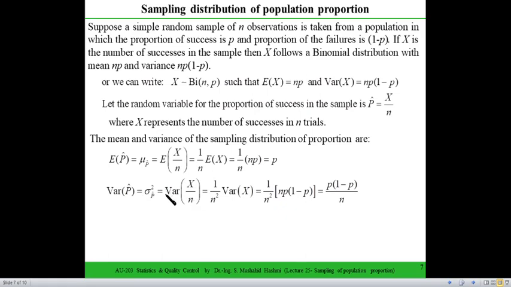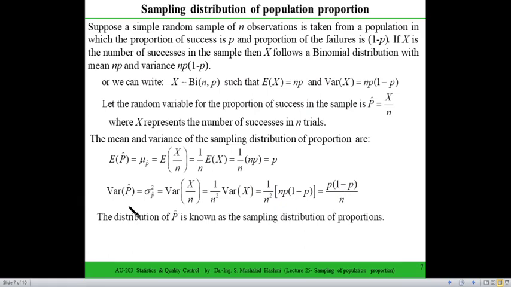So it would be equal to the variance of x over n, and according to the rules we have seen, the variance of ax would be a square times the variance of x. So 1 upon n square times the variance of x, and the variance of x we have already seen is np times 1 minus p. So n and n cancel out, and p times 1 minus p over n would be the variance of the sample proportion.